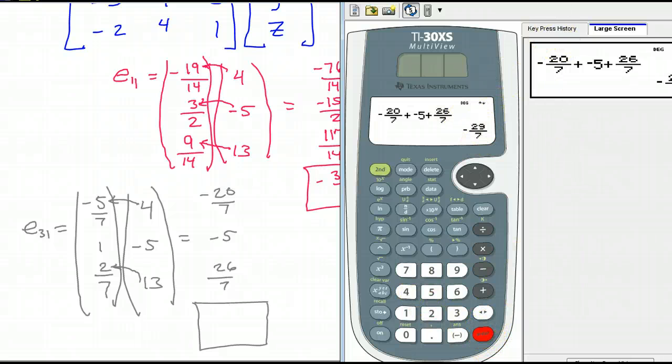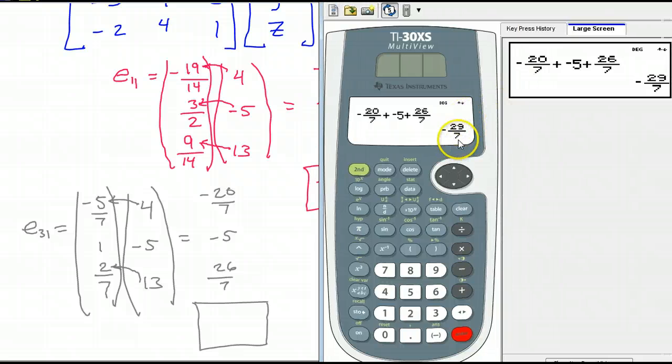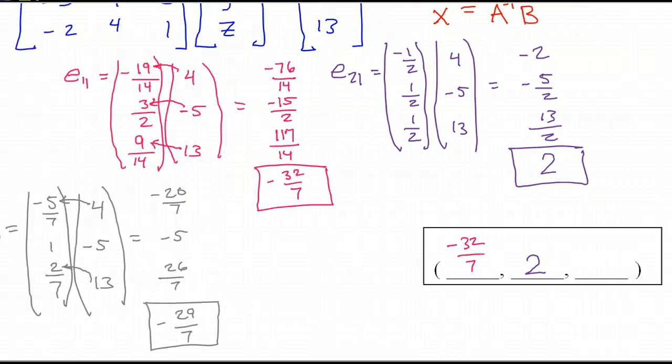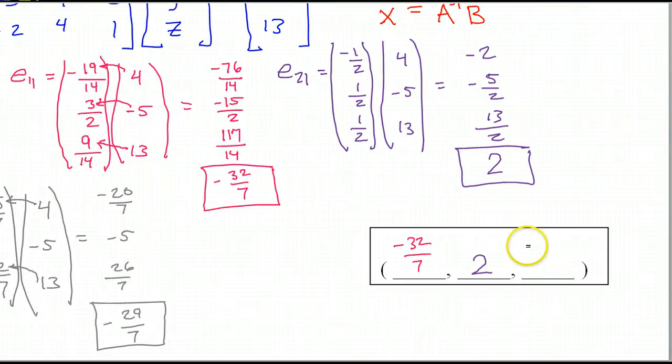That's negative 29 over 7. Kabam! And that is the third and final element.